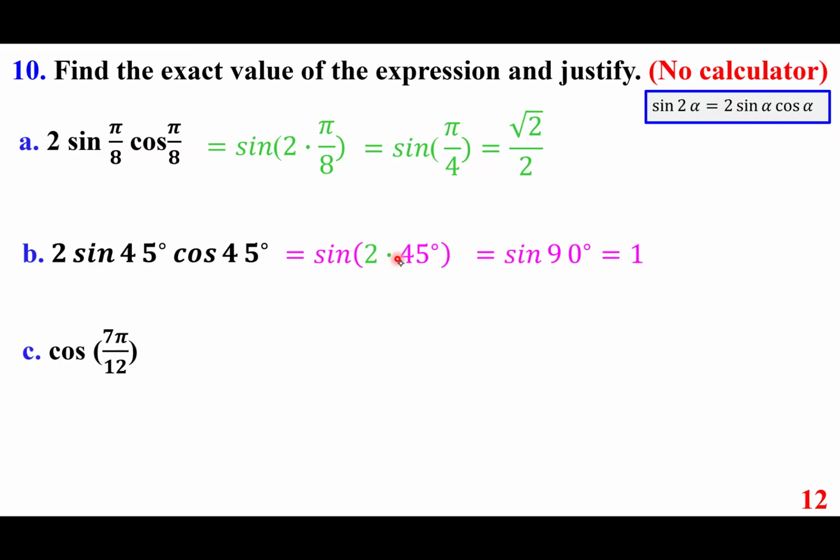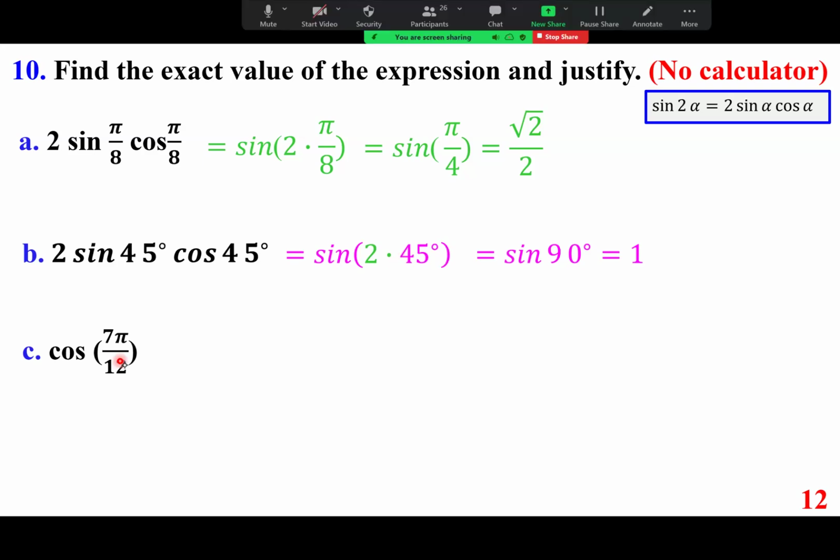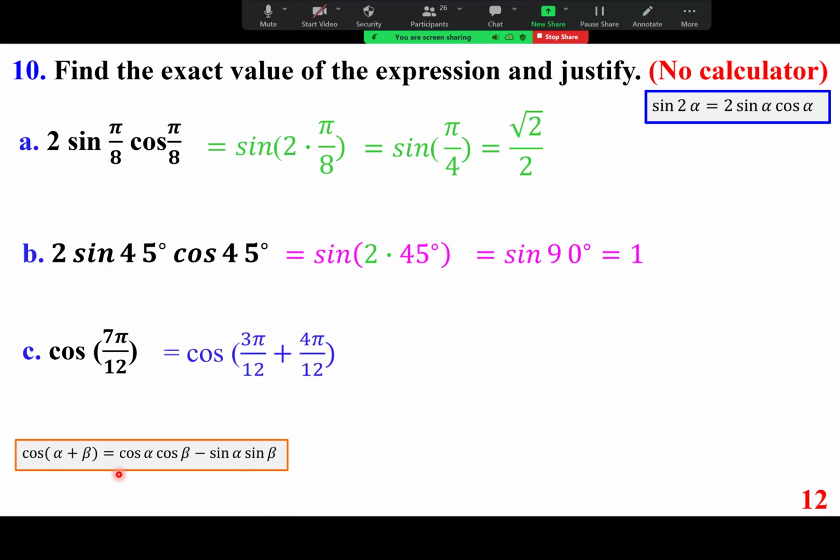Cosine of 7 pi over 12. We recognize this number as the sum of 3 pi over 12 and 4 pi over 12, and we're going to use cosine of alpha plus beta. 3 pi over 12 is pi over 4. 4 pi over 12 is pi over 3, and both of which are common arcs.